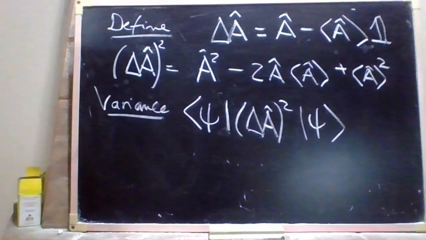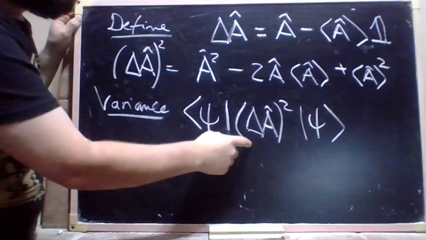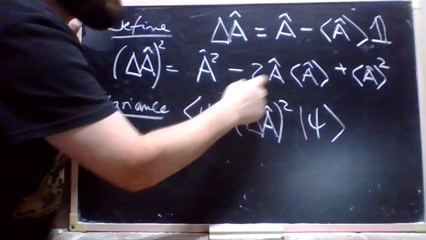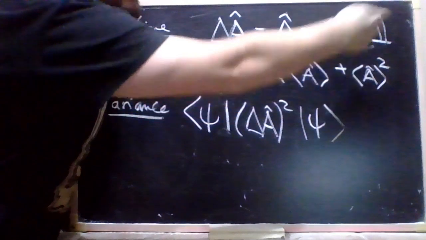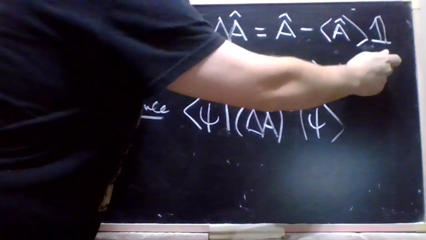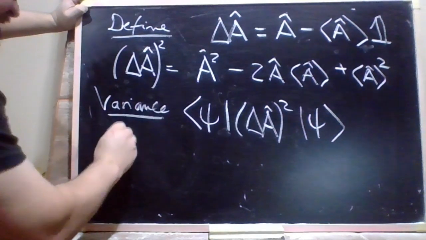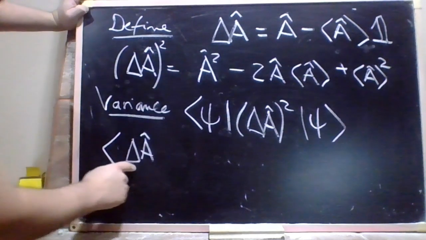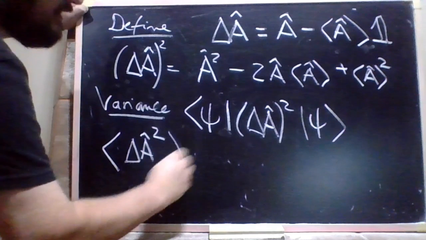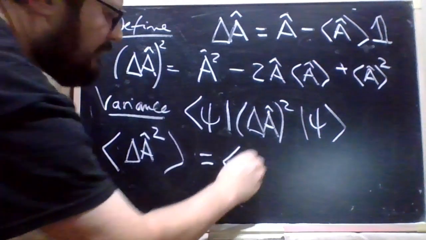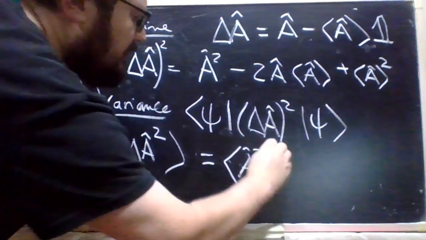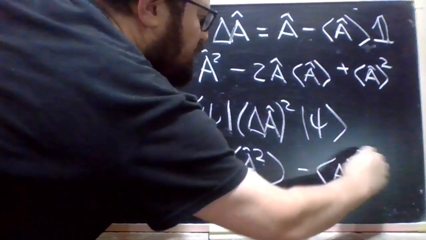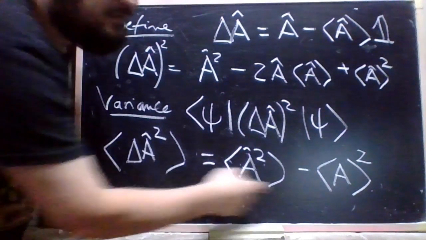All right? So if you take the average of this, you'll have the average of the squared operator minus twice the average squared, and the average of an average is already squared. So you can find that taking the average of delta A squared, this operator squared, you will find it is the average of the square minus the average squared. All right, this is distinct from that.